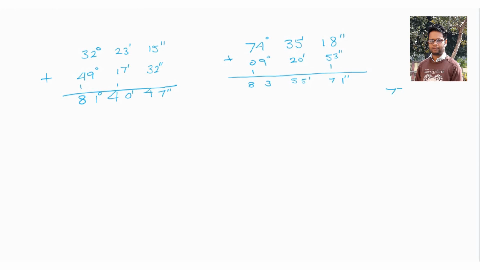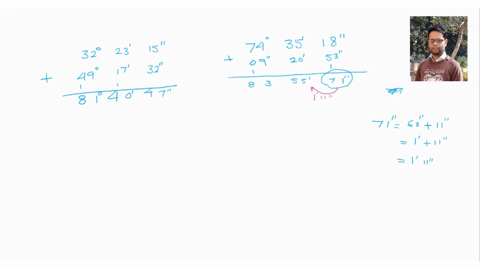So 71 seconds means 60 seconds plus 11 seconds. 60 seconds means 1 minute. We can write it like this: 1 minute 11 seconds. That means we can move 1 minute 11 seconds to this portion.